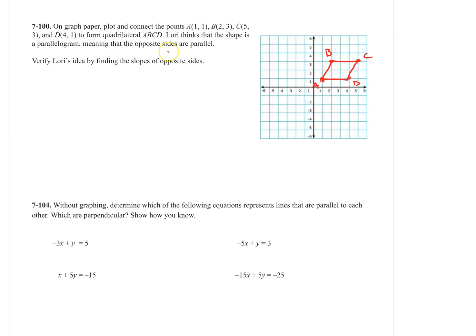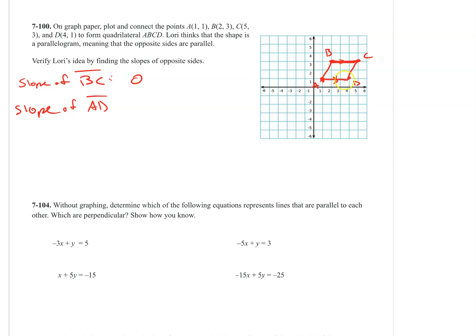Lori thinks this is a parallelogram. That means AD and BC have to be parallel. Slope of BC, think about slope. Slope of this side, since it's flat, is 0. Slope of AD, and I'm sorry, this is line segment BC, line segment AD.